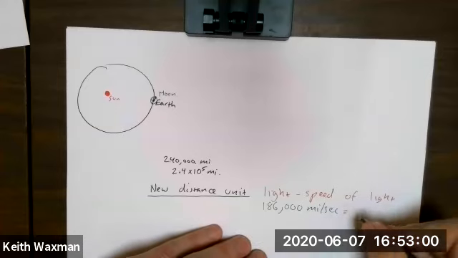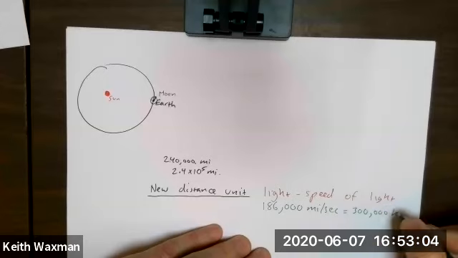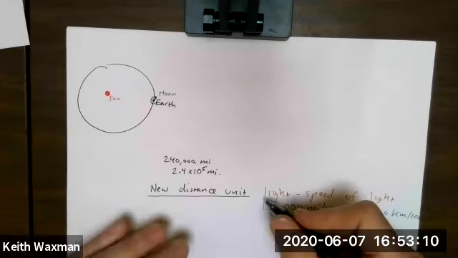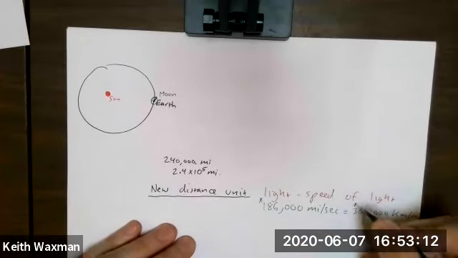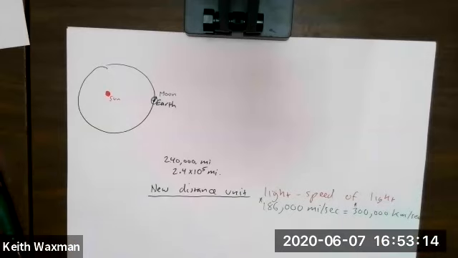That is equivalent to also 300,000 kilometers per second. I want you to know this. I'm going to put a star here for both of these. This is fast. Light is the fastest thing there is.